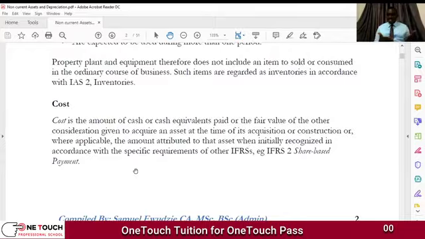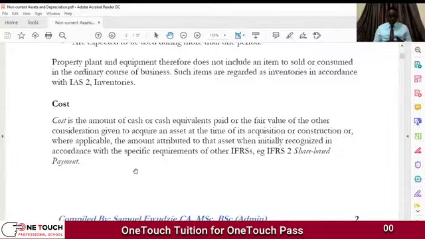Maybe you can do an exchange. Okay, good. And so the value of the item that you are exchanging for the asset becomes the cost of that asset. So it's the amount of cash or cash equivalents paid or the fair value of other consideration given to acquire the asset at the time of its acquisition or construction.